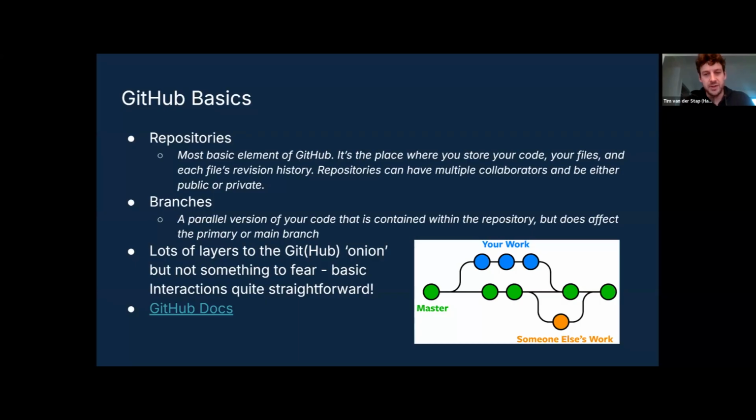Each repository can be either private, so just for you and your collaborators, or it can be publicly accessible and available to everyone. Each repository consists of at least the main branch, or what some might call the master branch as well. But it is possible within GitHub to create additional branches that run parallel to the main branch.